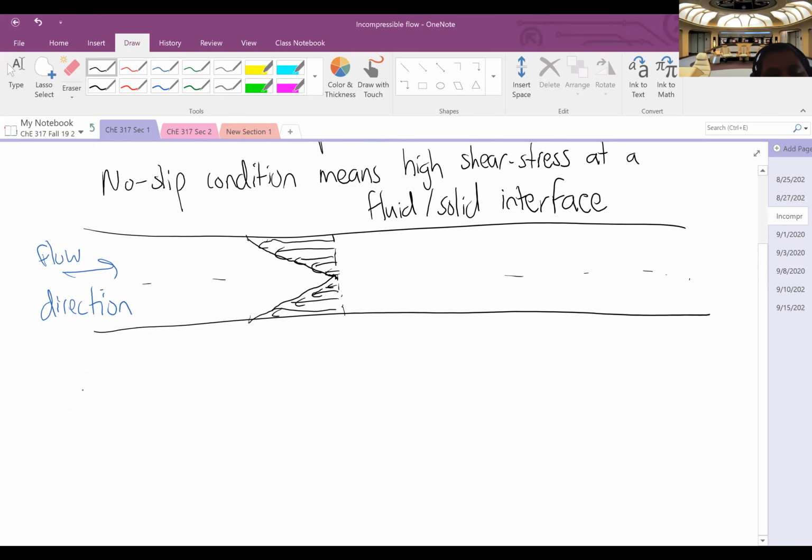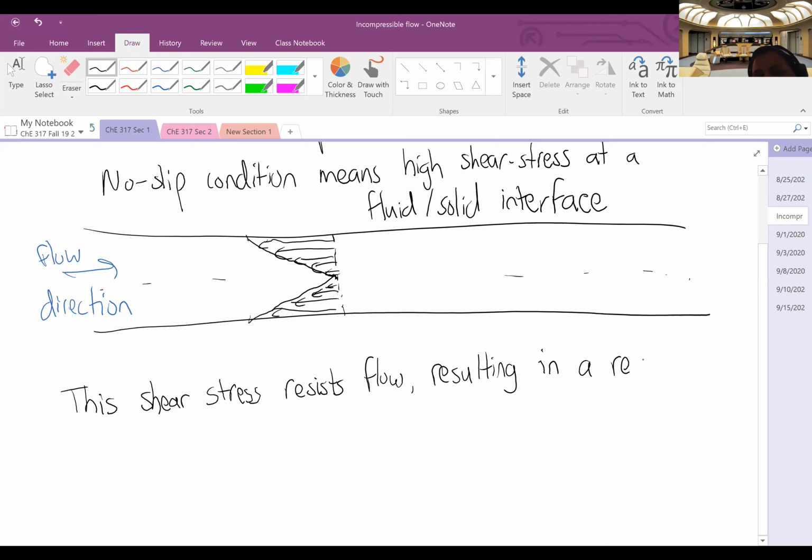And so this shear stress resists flow, resulting in a reduction of energy in our fluid in the form of a pressure drop.